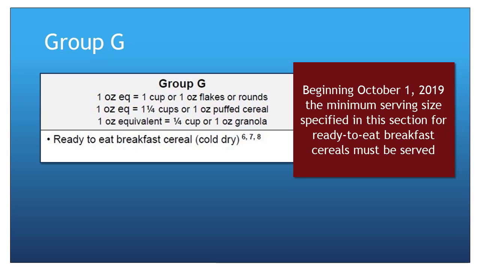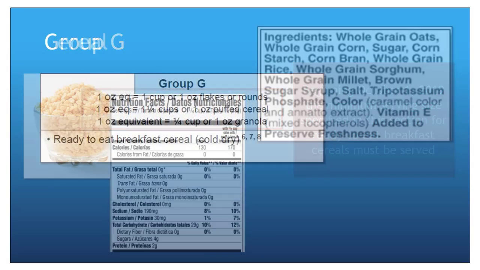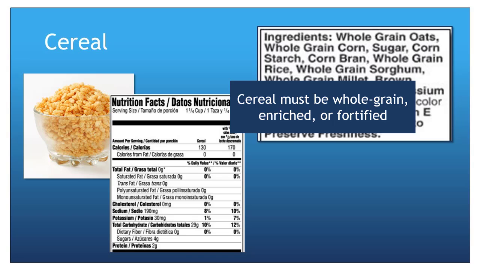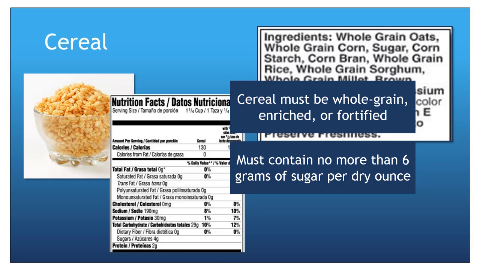Beginning October 1st, 2019, the minimum serving size specified in this section for ready-to-eat breakfast cereals must be served. Cereal must be whole grain, enriched, or fortified, and must contain no more than 6 grams of sugar per dry ounce. Crediting breakfast cereal will be covered in detail in another lesson of the module.